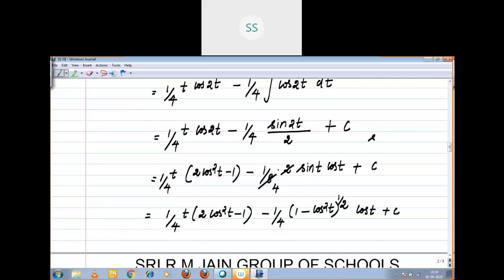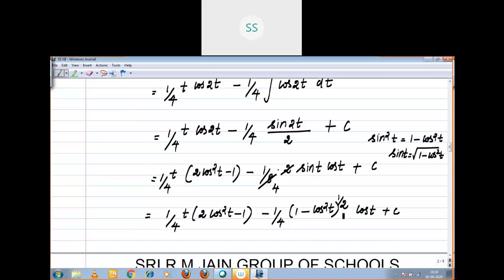Now you understood, children? Sin square t equal to 1 minus cos square t. This one you know very well. Sin t equal to square root of 1 minus cos square t. That I wrote here.